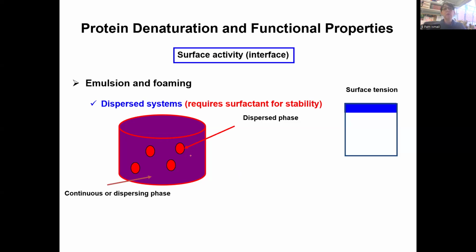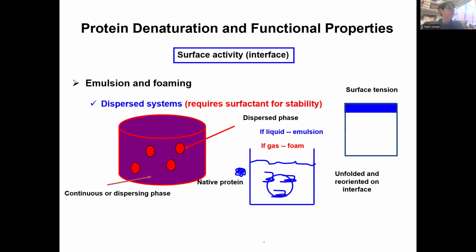So, for example, butter: you have the dispersing phase as fat and the dispersed phase water. And if the system is liquid, usually it is an emulsion. It doesn't have to be really liquid. Sometimes an emulsion is like a gel with fat. But if you are trapping bubbles, then this would be foam.